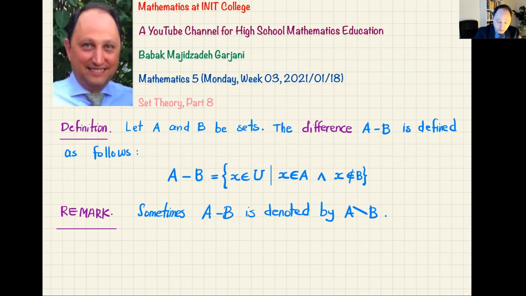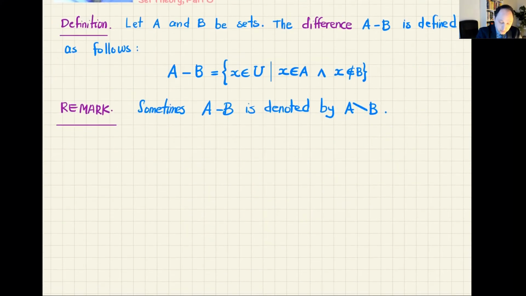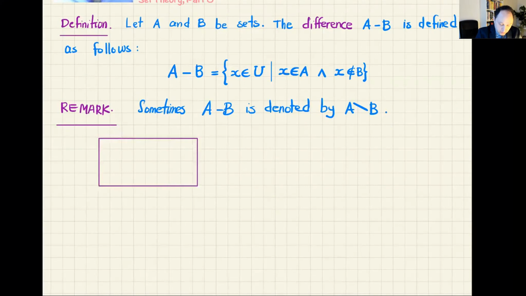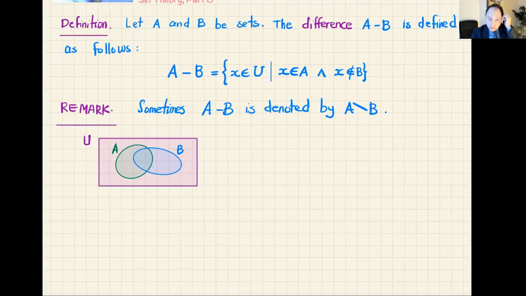Okay, so let me just draw a Venn diagram to motivate what this is. So in the most general case, if I want to show where A minus B is, assume that this is my universal set, and then I have a set A here, yes, and I have another set B. Okay, but then when I say A minus B, I mean those elements which are in the universal set, they are in the first set, but they do not belong to the second set.